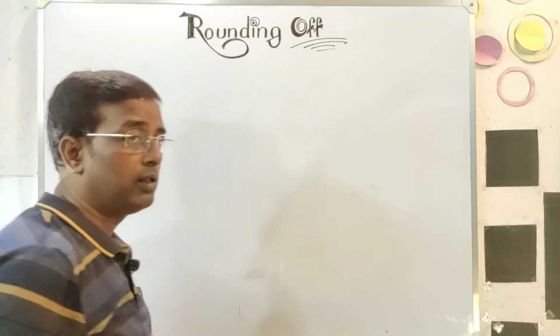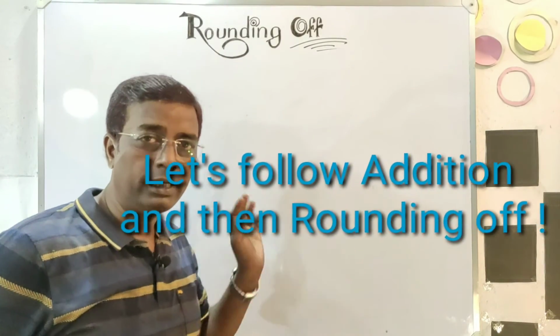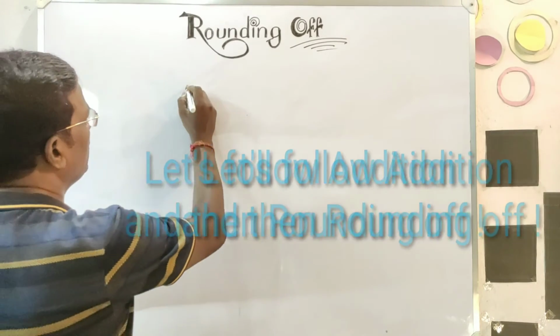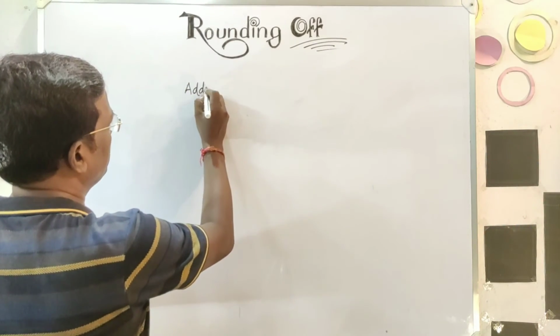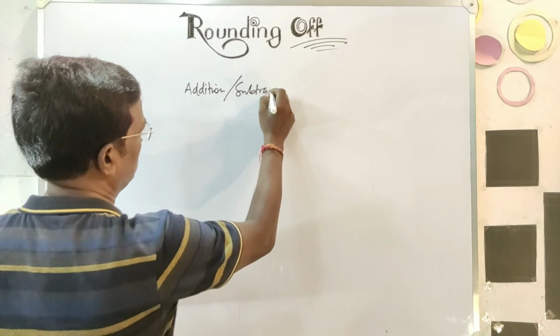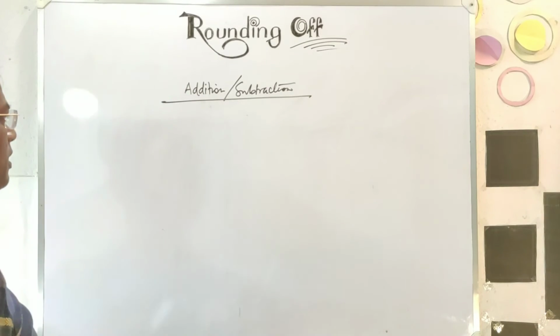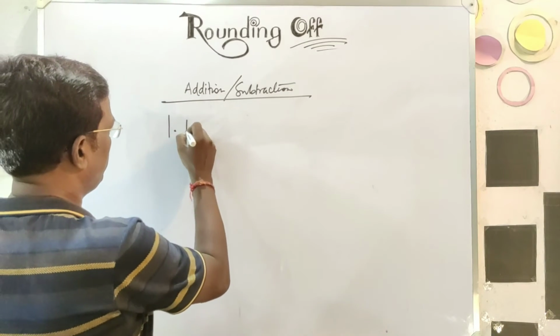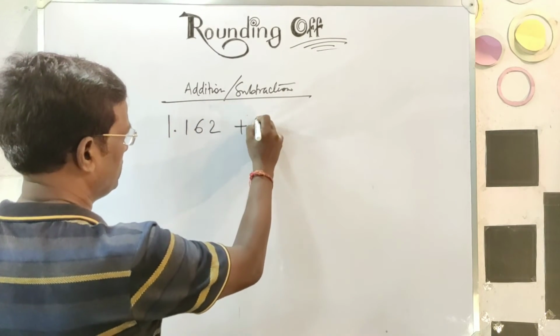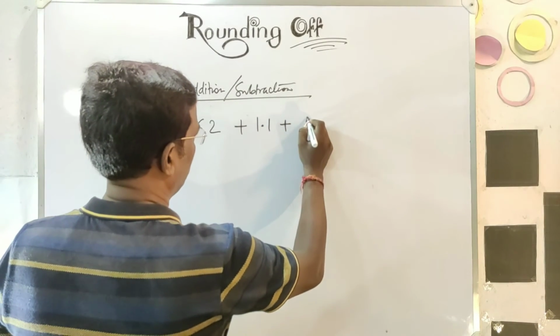We'll try to take some numericals on addition and subtraction. Now let's take 1.162 plus 1.1 plus 1.02.